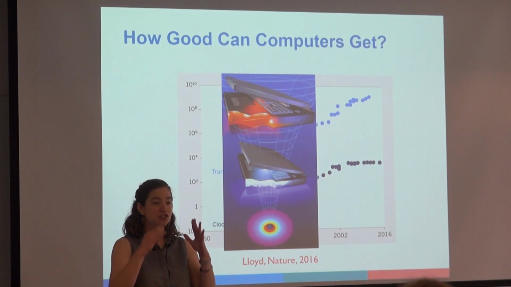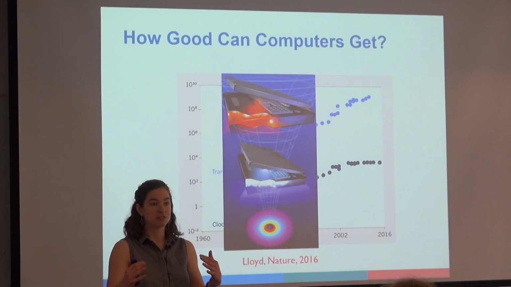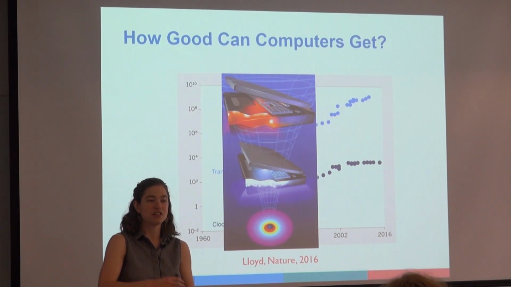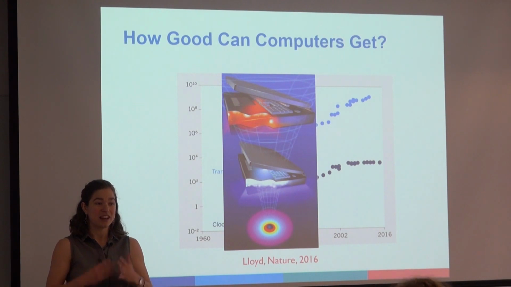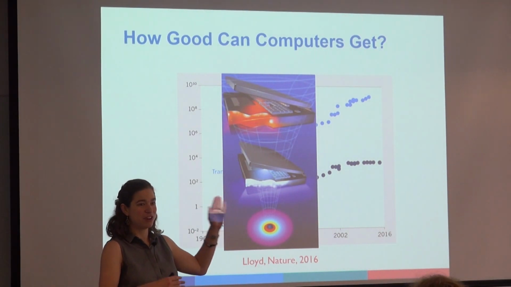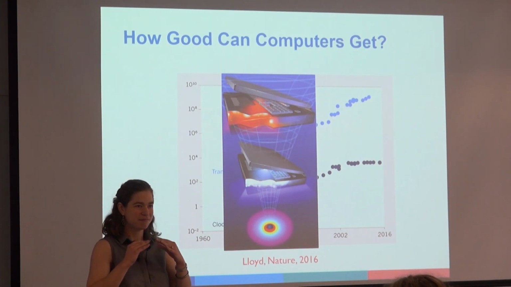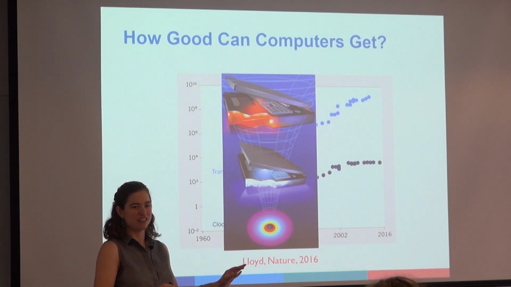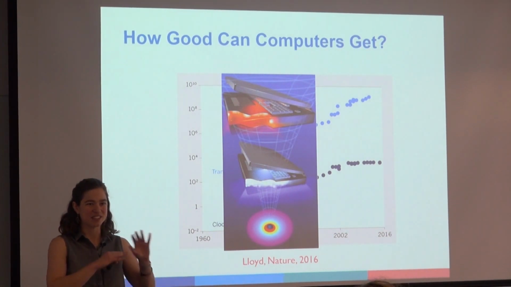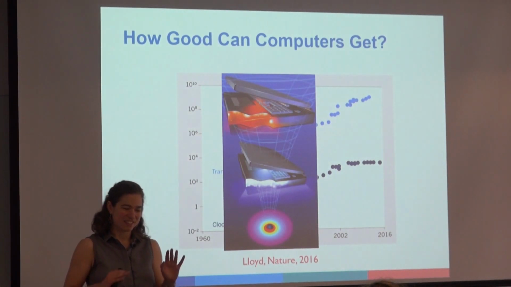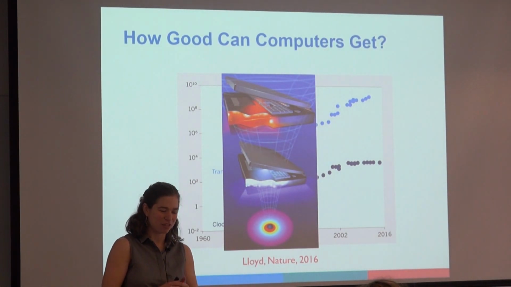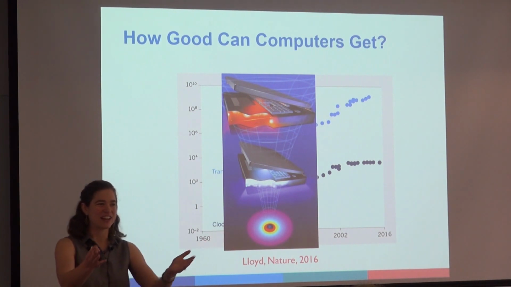So you can physically calculate at what point your computer would turn into a black hole. So there are definite limits on how this curve cannot go on forever. Maybe you could get around the splitting the atom problem, but I don't think you can get around the black hole problem. We're not going to turn black holes into computers. Well, maybe you guys can figure out a way to do that.